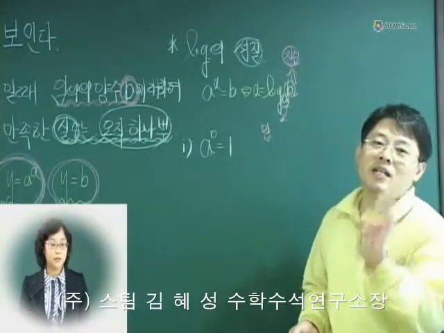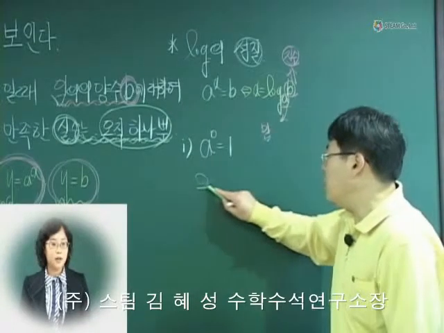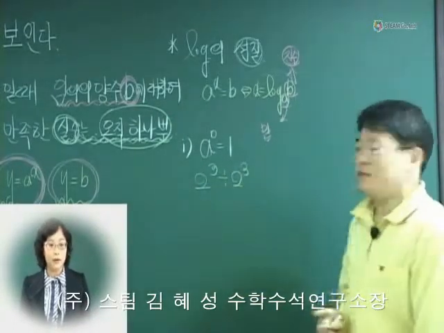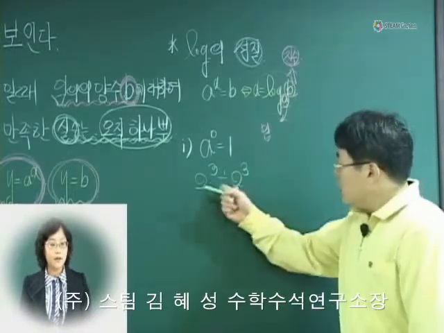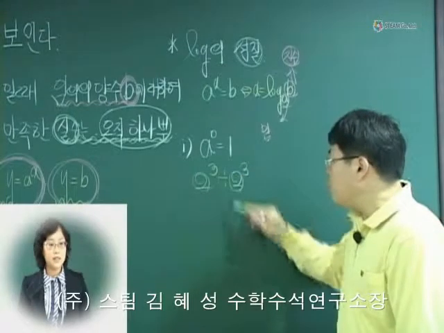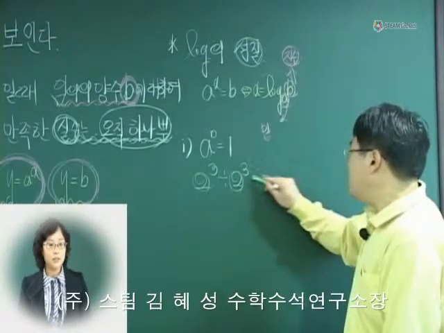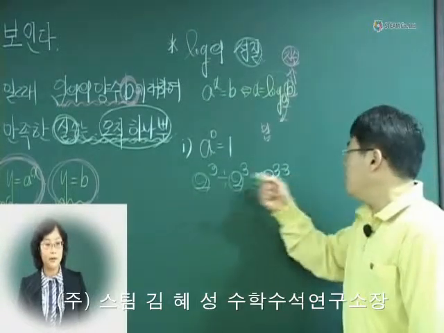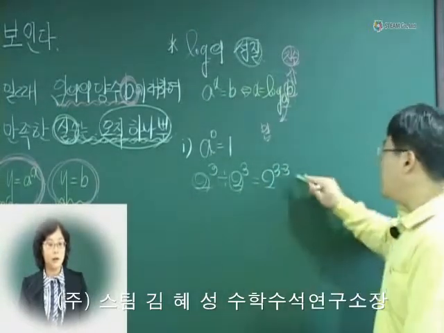I'll explain it to you. In exponential form, 2 to the third power divided by 2 to the third power. When the base is the same and there is a division, this is 2 to the 3 minus 3 power. It becomes 2 to the 0 power.